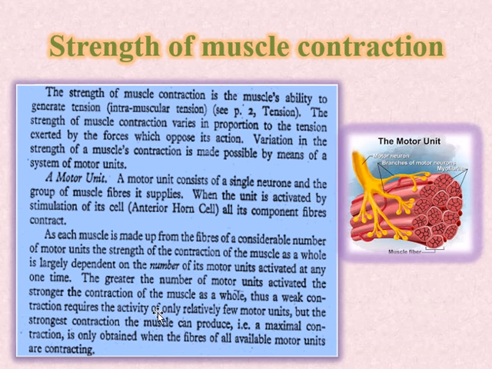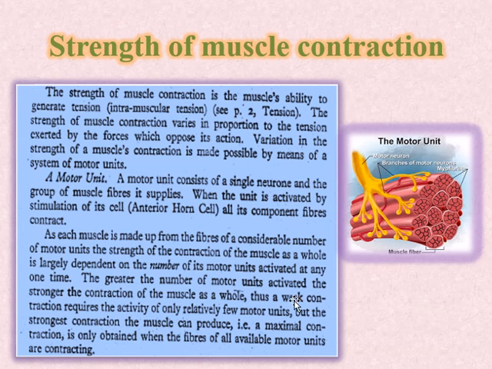Thus, a weak contraction requires the activity of only relatively few motor units. But a strong contraction, where the muscle can produce a maximum contraction, is only obtained when the fibers of all available motor units are contracting. So we can say that basically it is the number of motor units activated on which the strength of the contraction depends.